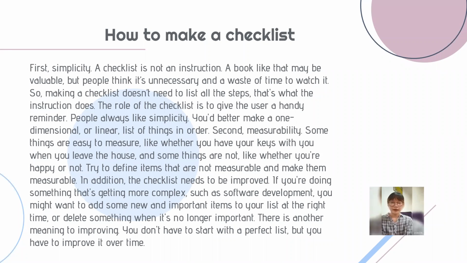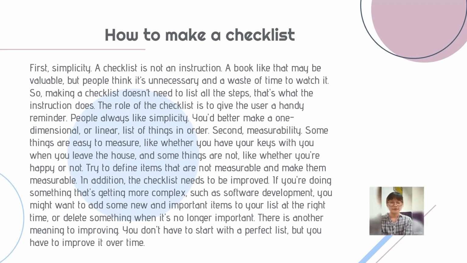So, how to make a checklist? First, simplicity. A checklist is not an instruction. A bold item may be valuable, but people think it's unnecessary and a waste of time to watch it. Making a checklist doesn't need to list all the steps.